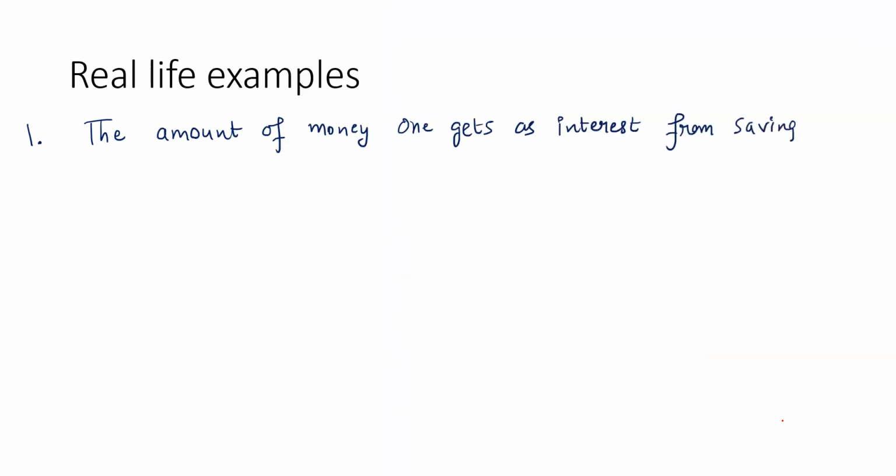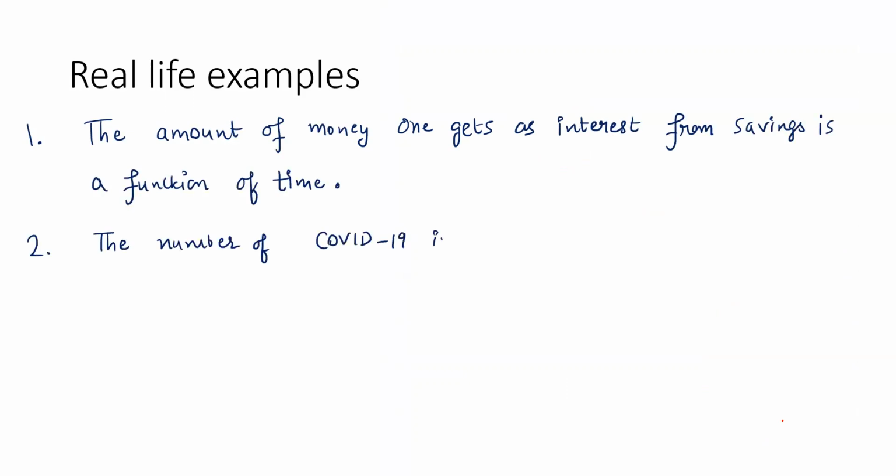So let's first talk about real life examples. The first example is the amount of money one gets as interest from savings in a bank is actually a function of time.